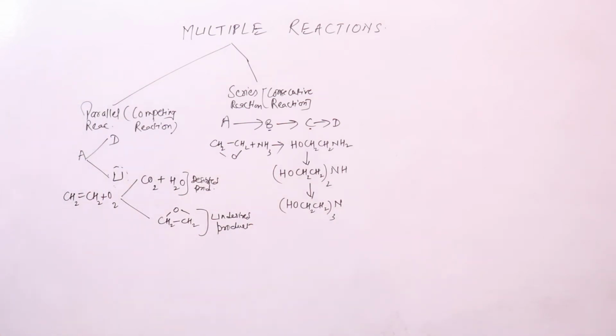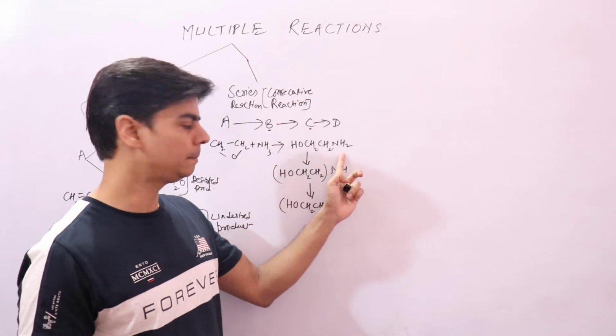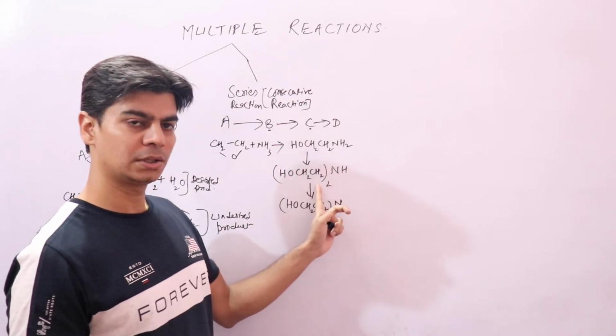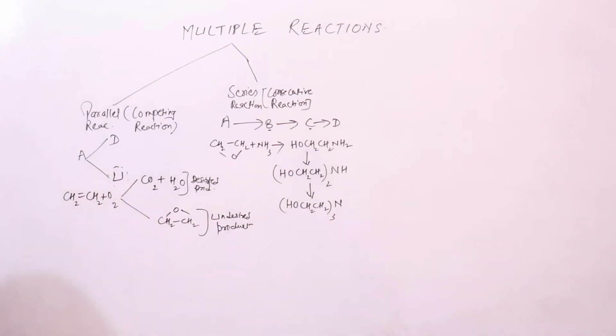So this is your mono, di and triethanol amine, right? This is your monoethanol amine, diethanol amine, right? And this is your triethanol amine.